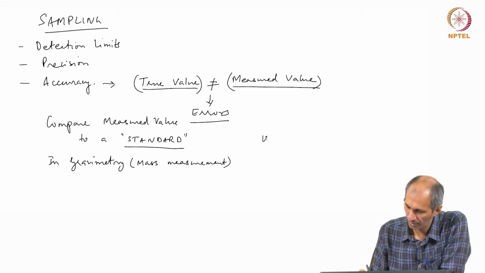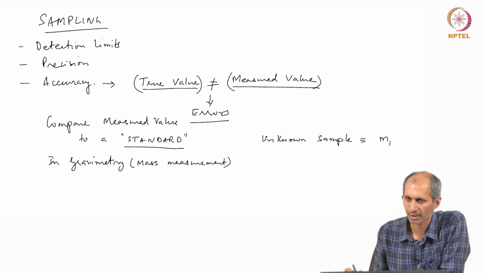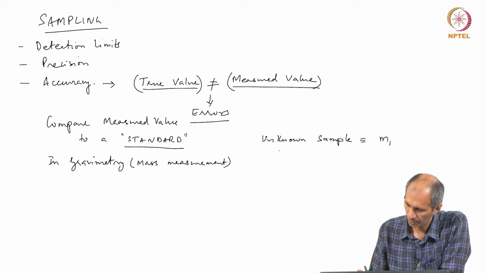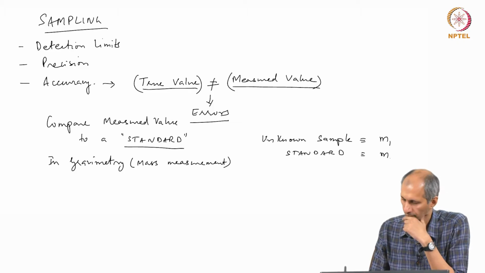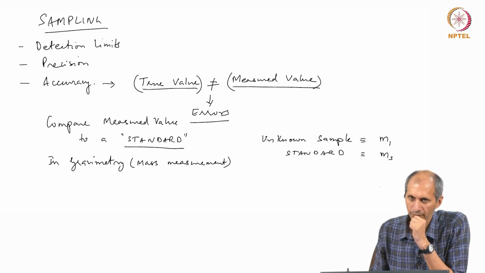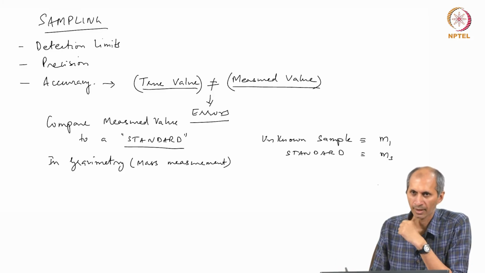So, we have an unknown sample, you measure it, it gives you some reading M1. If you put a standard, it will give you some reading, an M standard, okay.